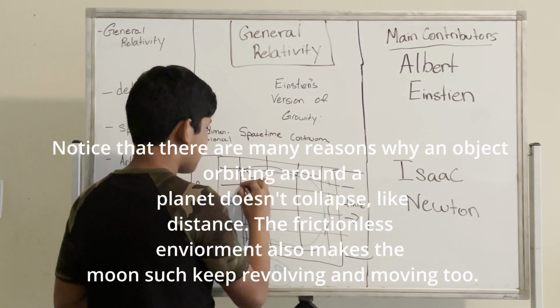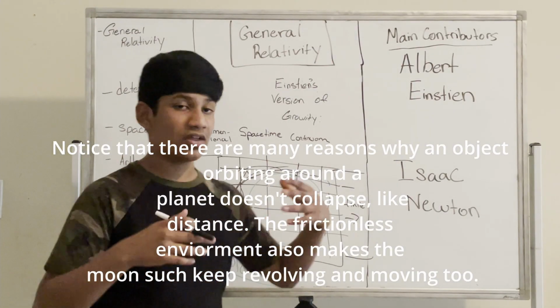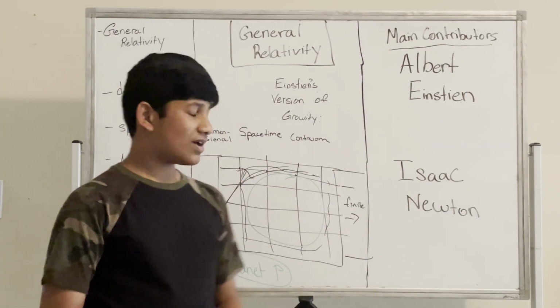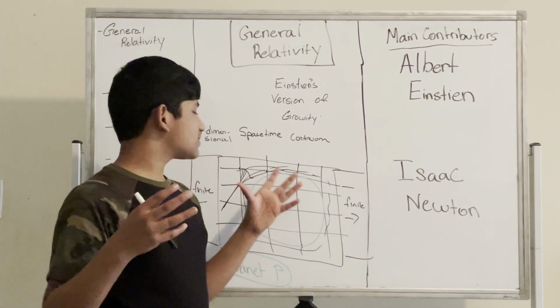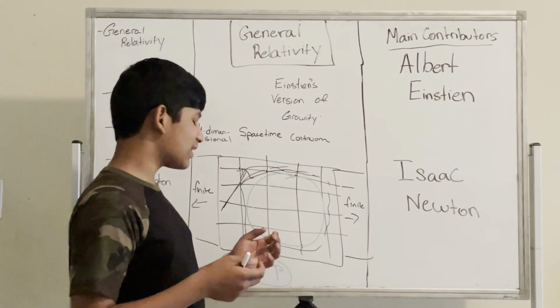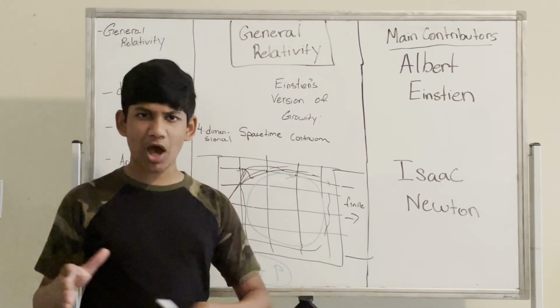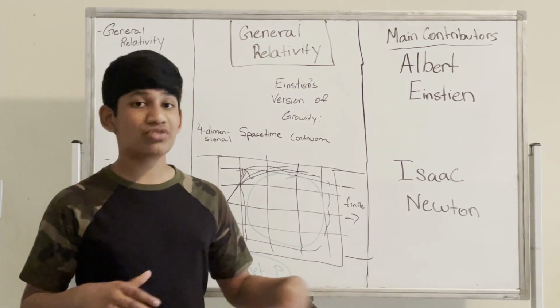Let's just say they bend like this. Then, if the object is supposed to go like this, it curves, or it changes according to how warped the coordinate system is. This is how gravity is perceived by Einstein, and this is the more accurate representation of gravity. When we have gravity and we throw an object on it, sometimes it orbits around. For example, the moon orbits around the Earth.